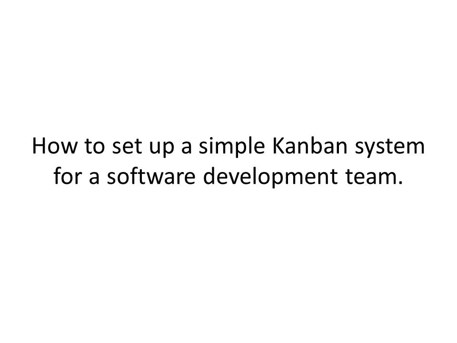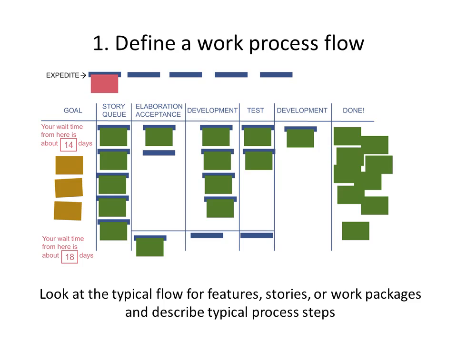So how to set up a simple Kanban system for software development? This one is a diagram. This is a physical Scrum, or rather Kanban board. It can also be done using an electronic or a digital web-based system.